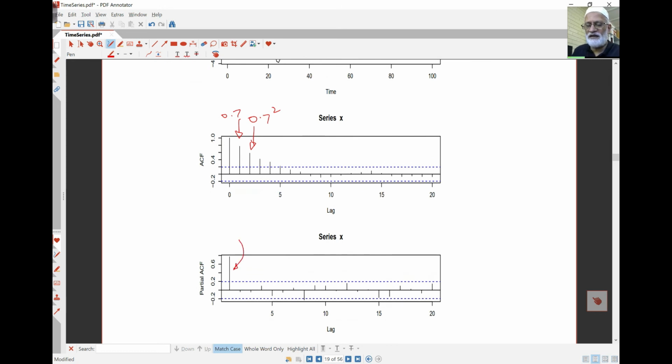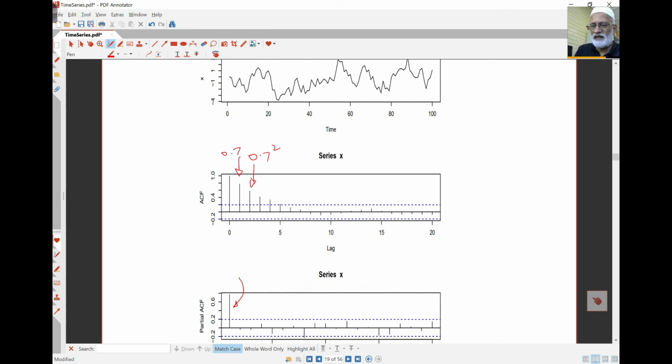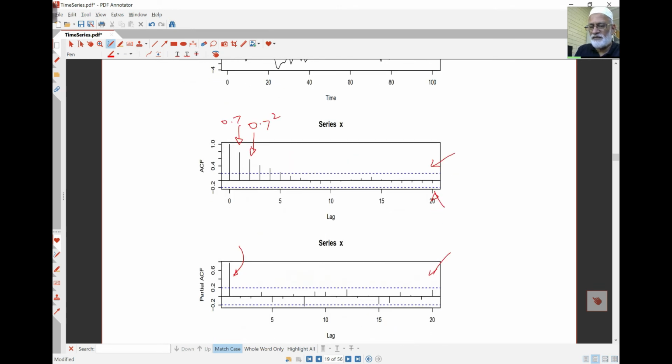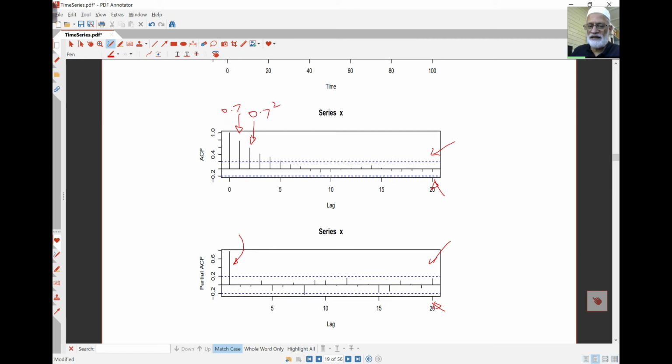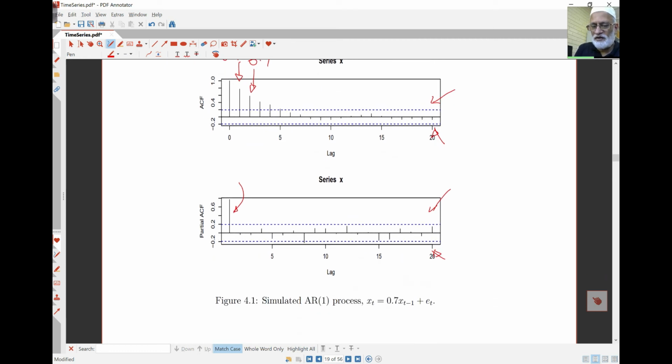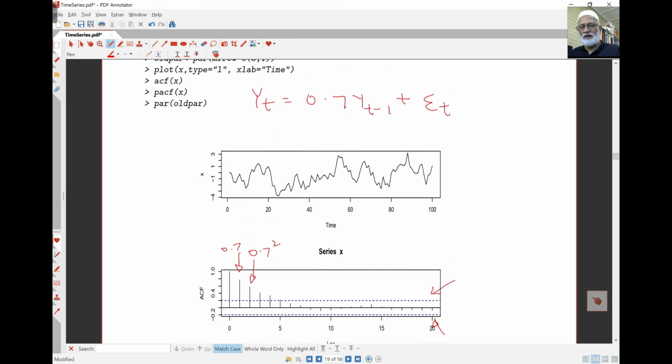Everything else is 0. Significant here essentially means, you see these 95% confidence interval bars, right? So the only non-zero value for the partial autocorrelation function is at lag 1. And that identifies the AR1 process for us very easily.